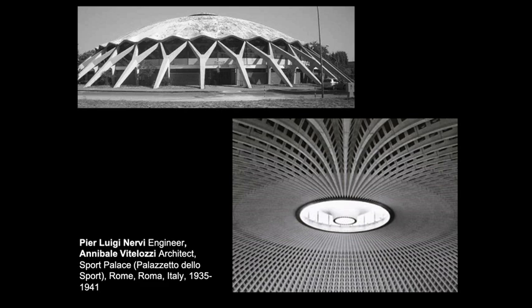Another engineer architect who followed these principles, like Max Berg in the Century Dome in Breslau, was Pier Luigi Nervi, the Italian architect engineer. For example, he built the Palazzetto dello Sport in Rome.